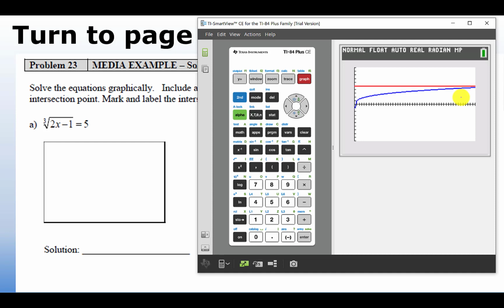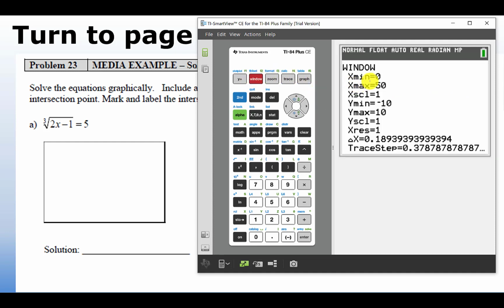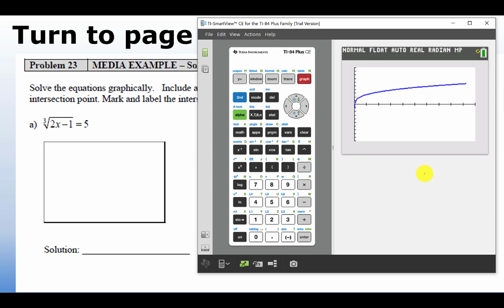So I don't have an intersection point, but it's really close, which was telling me my x's, making them more x's was a good clue. So I'm going to add some more x's. Let's go all the way up to 100. Counting by tens, and try the graph one more time.